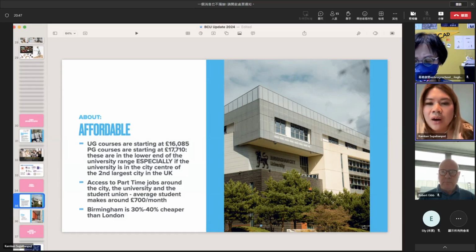Some of my students are making an average of around £700 from part-time jobs, right? On top of that, Birmingham is around 30 to 40% cheaper to live in than London. So a lot of students now are looking for options in big cities, but not as expensive as London. So BCU is actually one of the best choices there is in that regard.